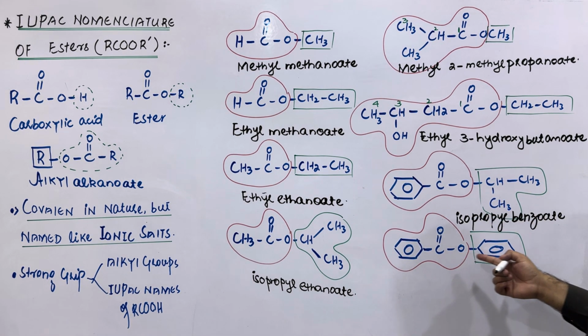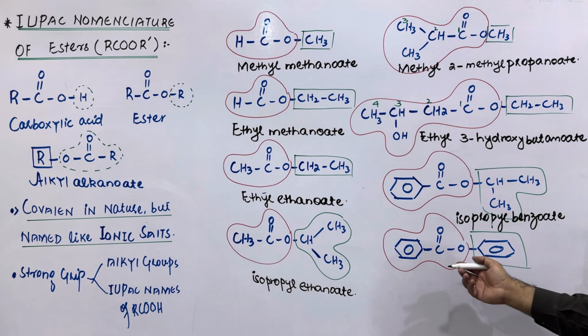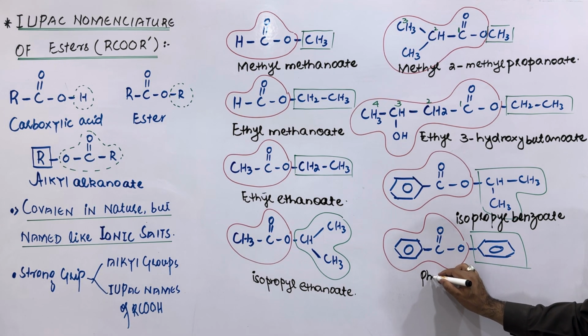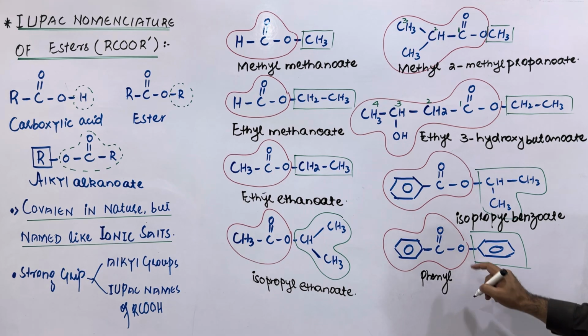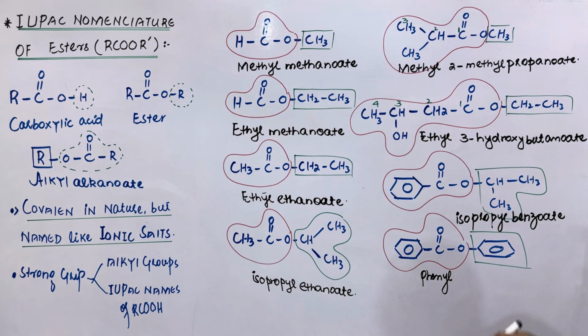In the same way, now this one, you know, it is phenyl, and again this portion shows the benzoic acid, so it will be benzoate. So this ester is basically a phenyl derivative of the benzoic acid, means the hydrogen of the benzoic acid is replaced by the phenyl group.